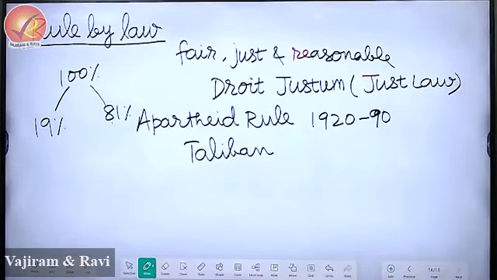Right. Next paragraph. On the other hand, rule by law means the law of the land that is used to administer the country may not be fair, just and reasonable. Such a law may be legally valid, but not morally correct.